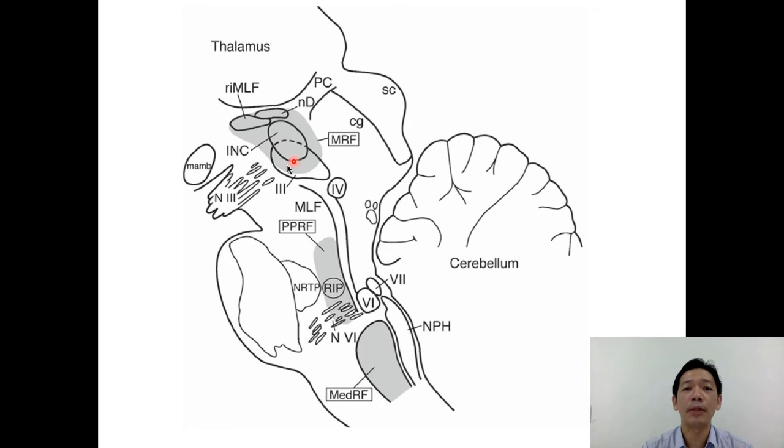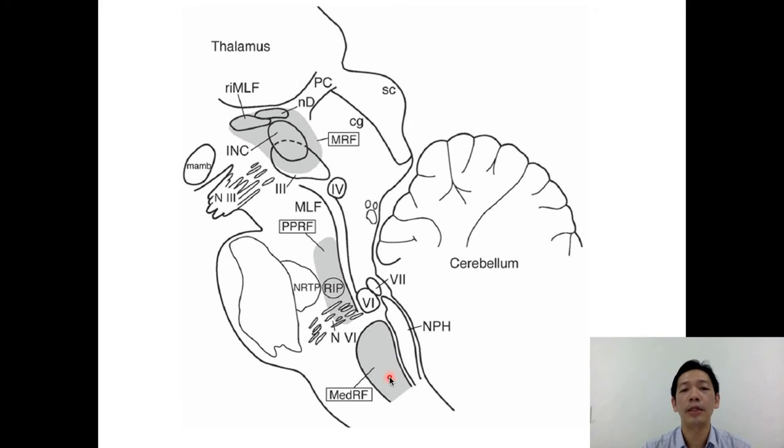Each compartment has reticular formations. This reticular formation is a group of nuclei together with all the nucleus pathways and tracts, so they form a network. In the midbrain, there is the mesencephalic reticular formation. In the pons, there is the PPRF, the paramedian pontine reticular formation.